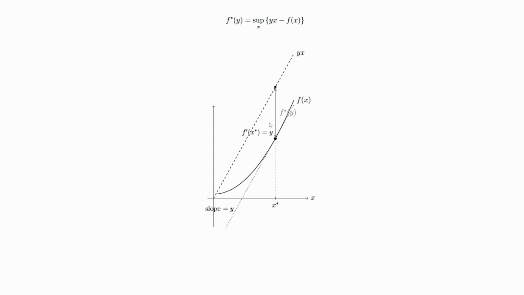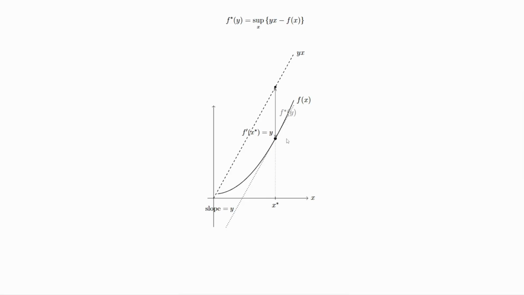This is actually important later. It transforms a function of position x into a function of slope y. So you're switching coordinate systems in a sense. Instead of describing the curve by its height at each point, you're describing it by the intercepts of its tangent lines.